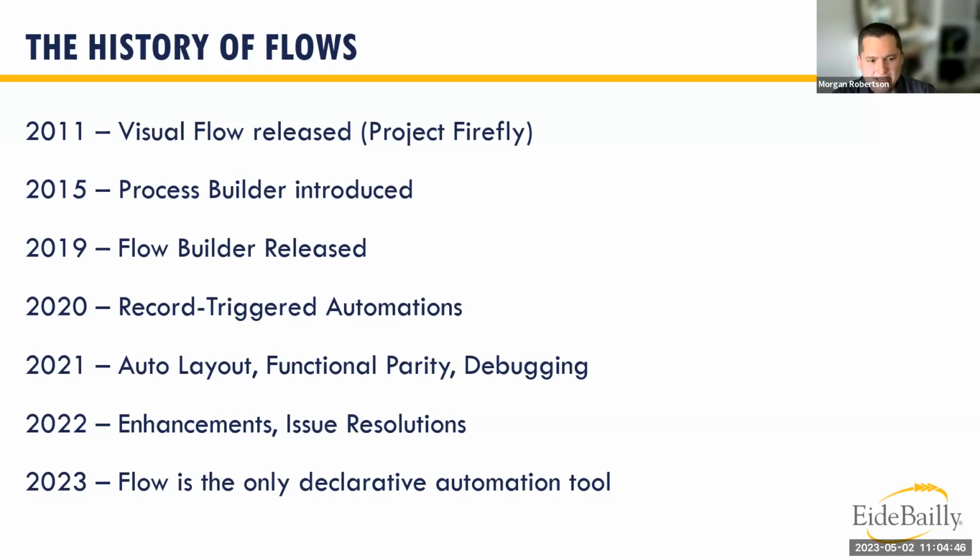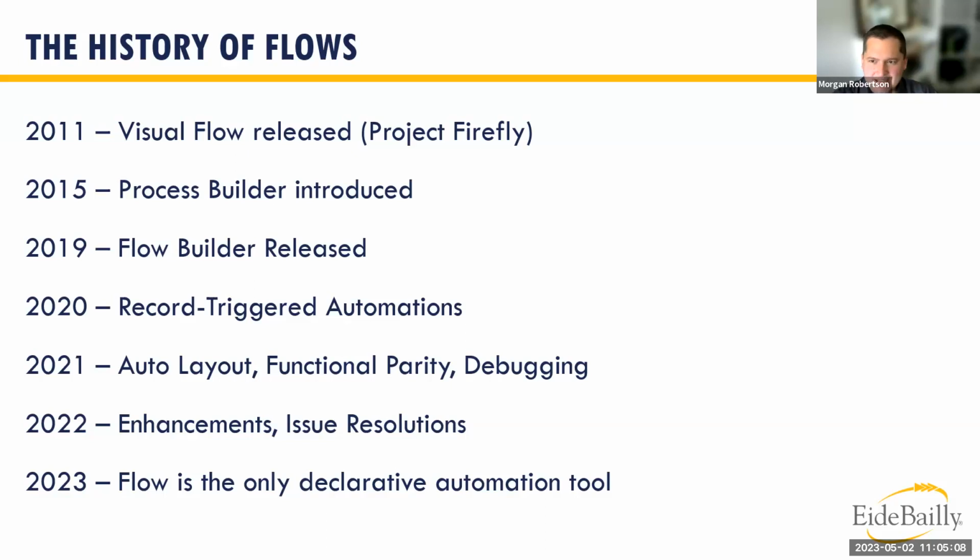So you perform a save or a create or a delete, and you would now invoke this flow and be able to define as an admin, here are the things that I want to do. I want to update a field, I want to create a record, I want to post to Chatter. And this was great. Process Builder was awesome, except for when it wasn't, right?